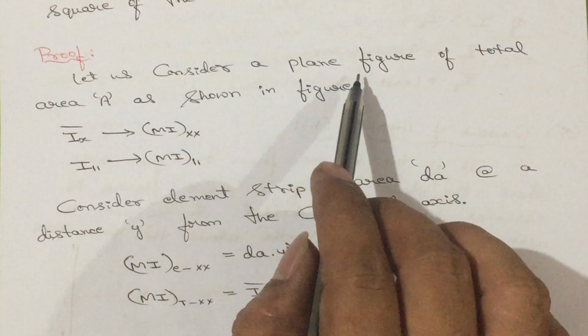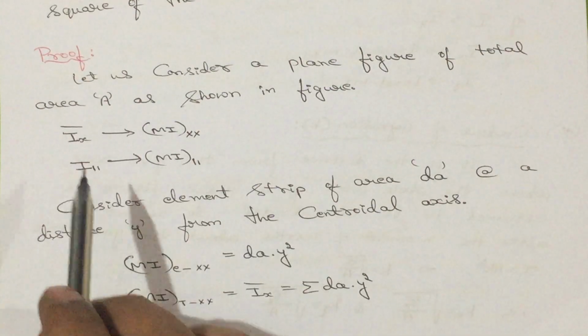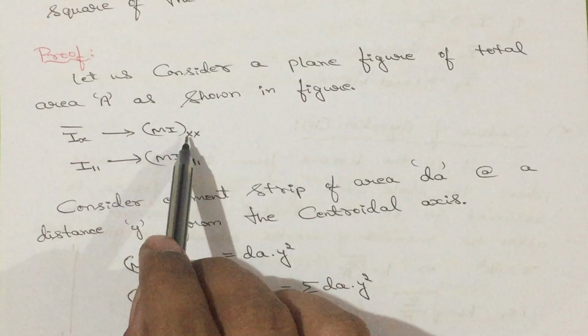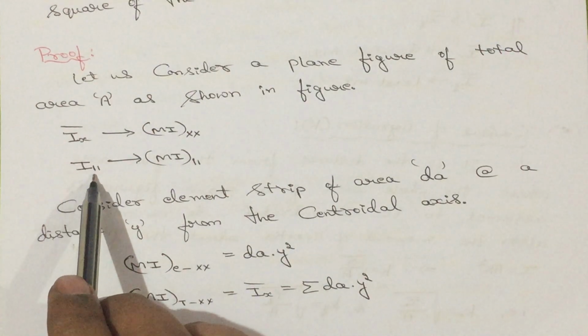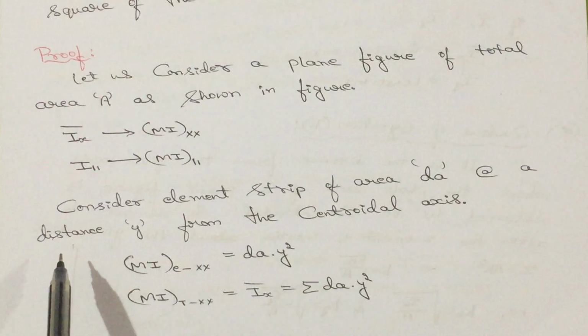Let us consider a plane figure of total area A as shown in the figure. Then Ix bar is the moment of inertia about the xx axis, that is the centroidal axis. Then I11 is the moment of inertia about the 1 1 axis.